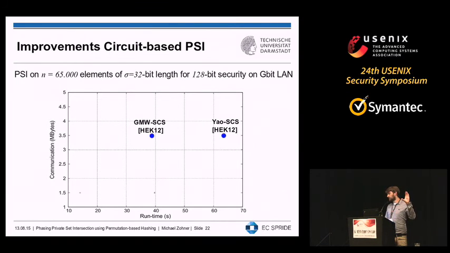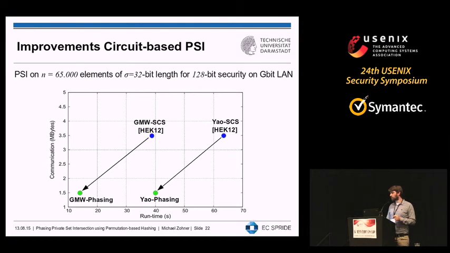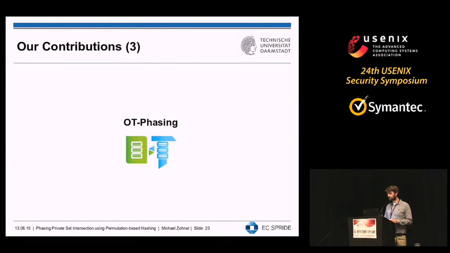In this case, both axes are not logarithmic scale anymore. So we implemented and evaluated our protocols, and we found that both decreased the runtime by a factor of around 1.5 to 3, and the communication by a factor of 2.